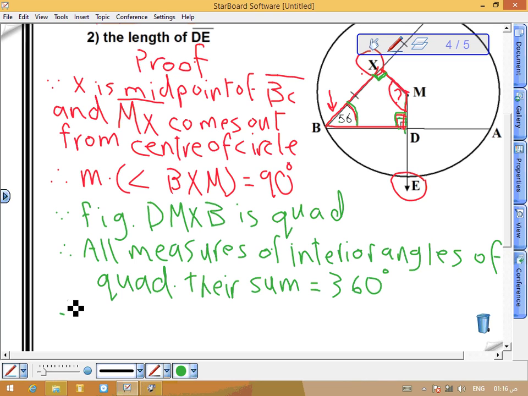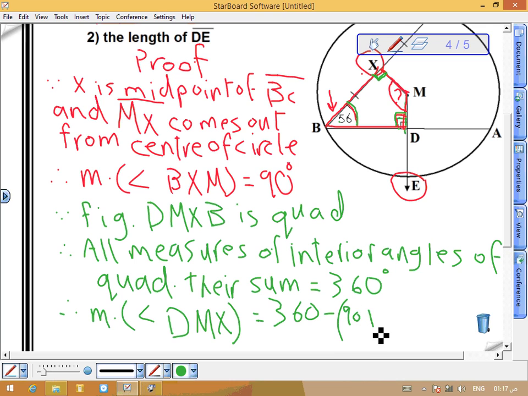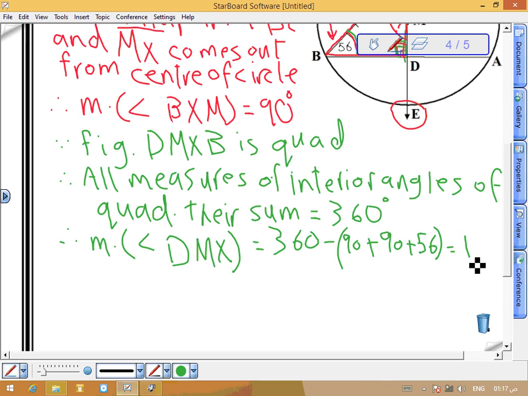Therefore measure angle DMX equals 360 minus (90 plus 90 plus 56), which equals 124 degrees.